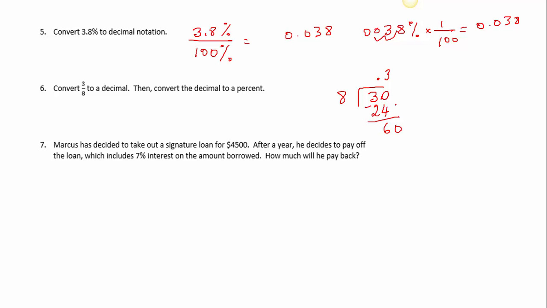Add a 0. 60 divided by 8. 7 times 8, 56. Subtract, that's a 4. Add a 0. 40 divided by 8 is 5. 5 times 8, 40. Remainder is 0. So the answer is 0.375. So 3 over 8 is 0.375 in decimal notation.